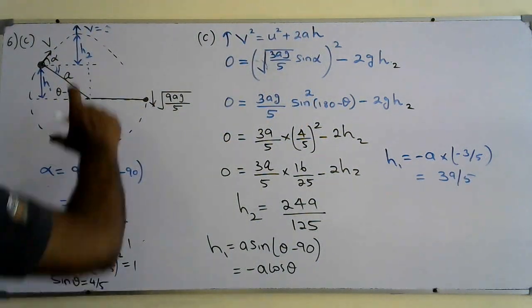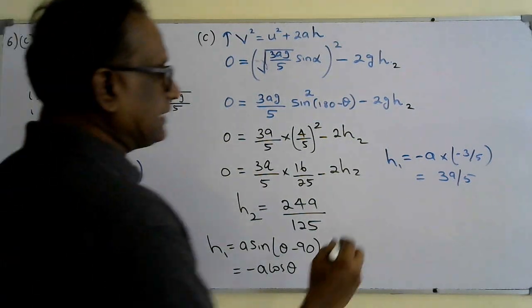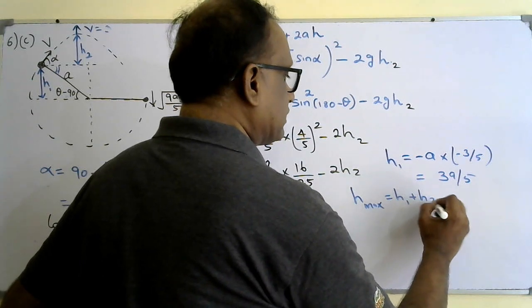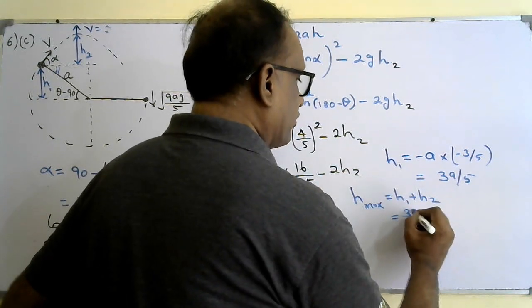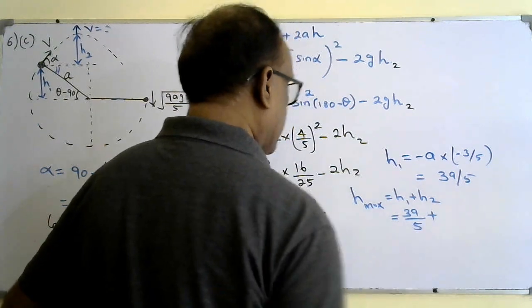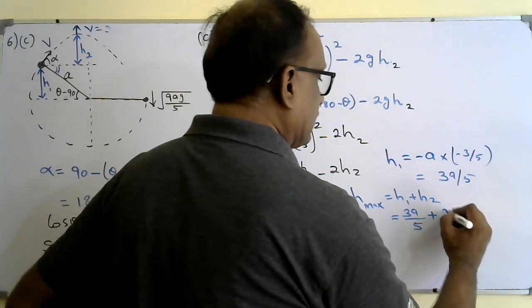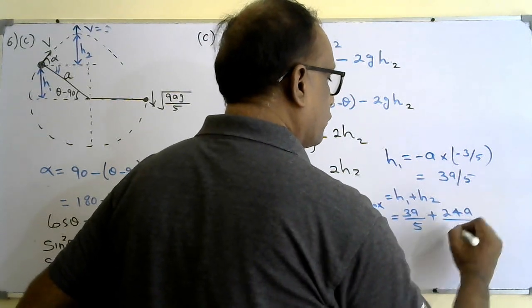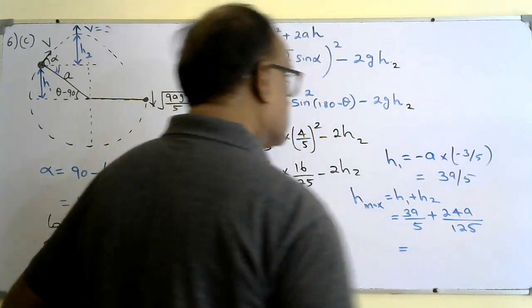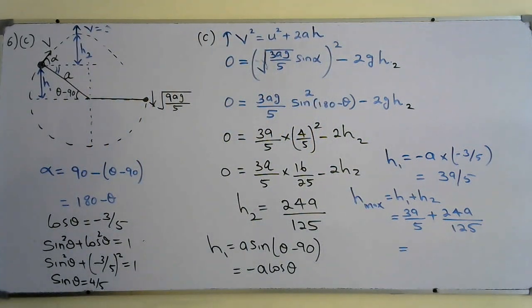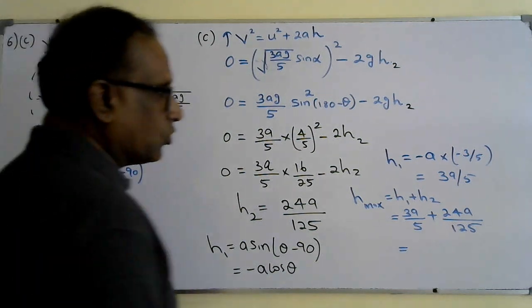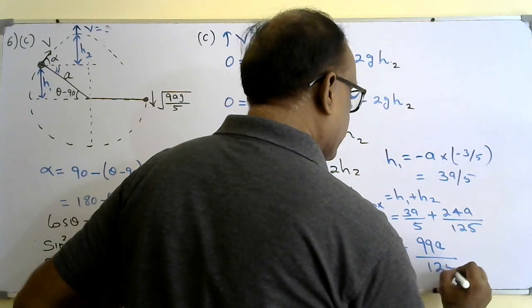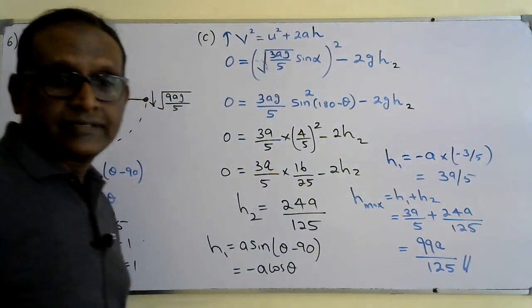The question is to find the maximum height, h1 plus h2. So h max equals 3a over 5 plus 24a over 125. Solve it, you will get 99a over 125. That's the answer, the maximum height reached by the particle.